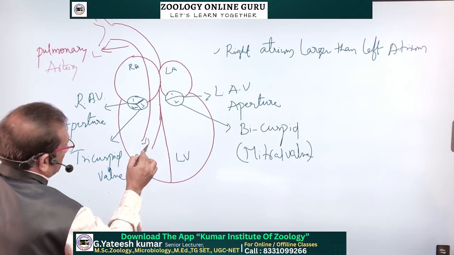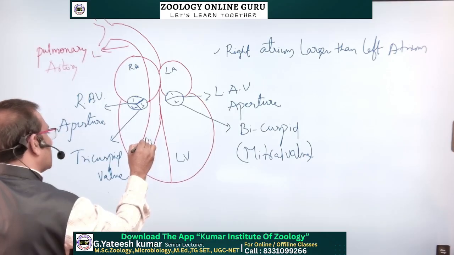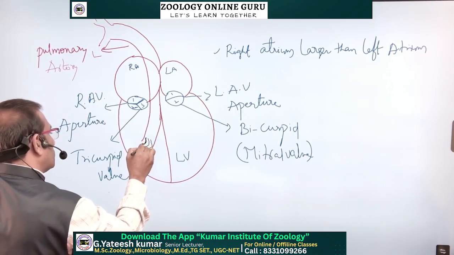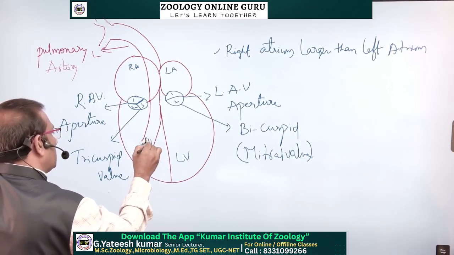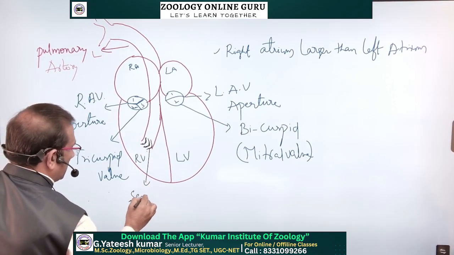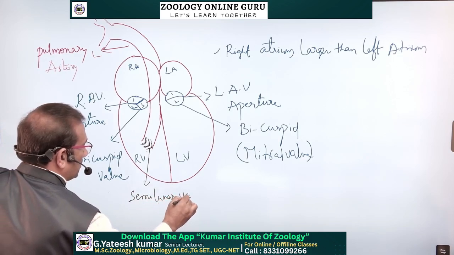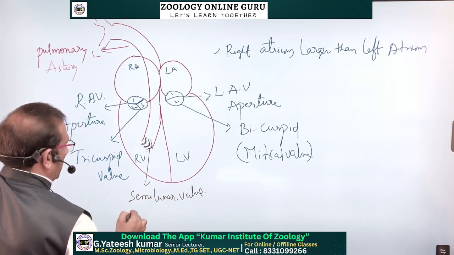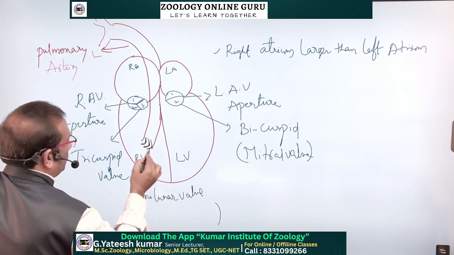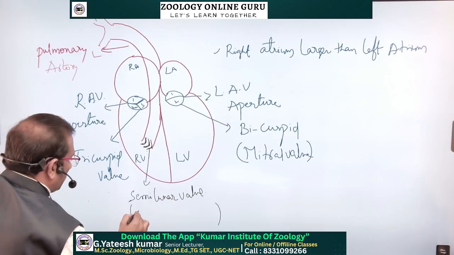They are semi-lunar valves, half moon shaped. This semilunar valve, where it opens into the pulmonary artery, is also known as the pulmonary valve.